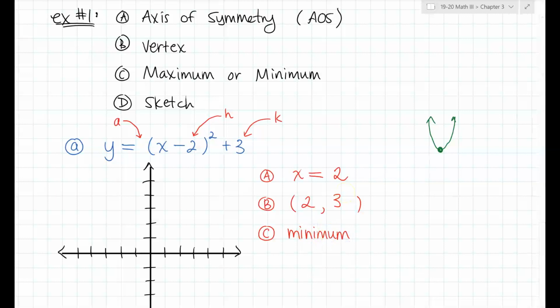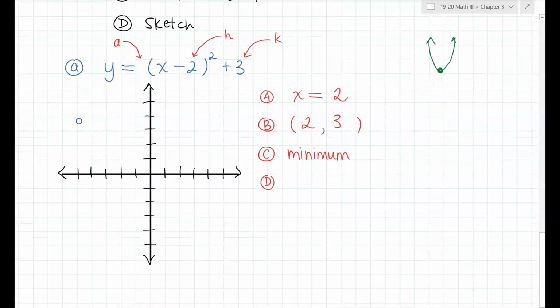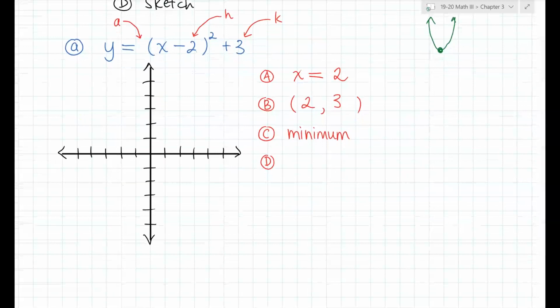Okay, now for part D, we have to graph it. But in order to graph it, it would be really good for us to do a t-table. So I'm going to make an x, y. Okay, and I'm only going to pick 2 points. But first I want to graph my vertex. My vertex is at 2, 3. It's right here. Okay.